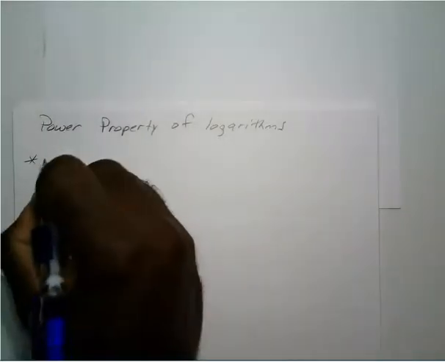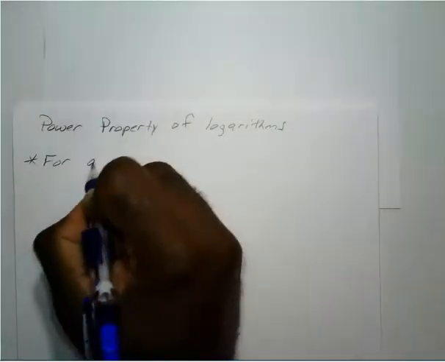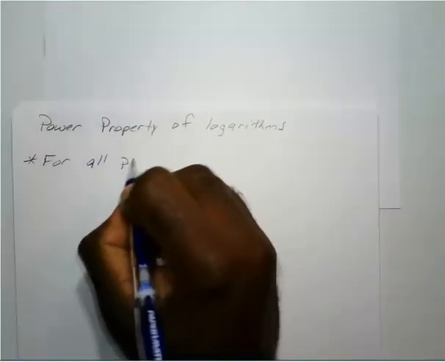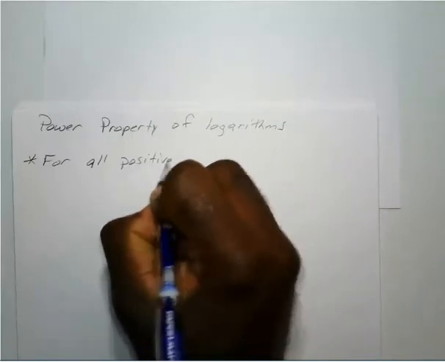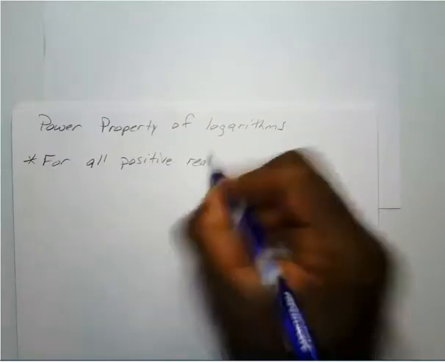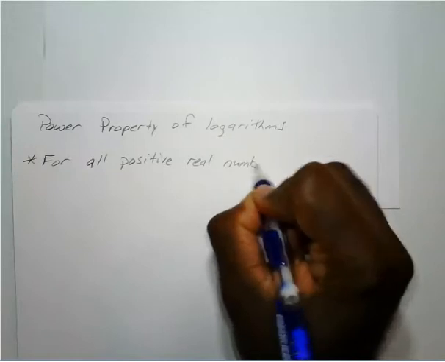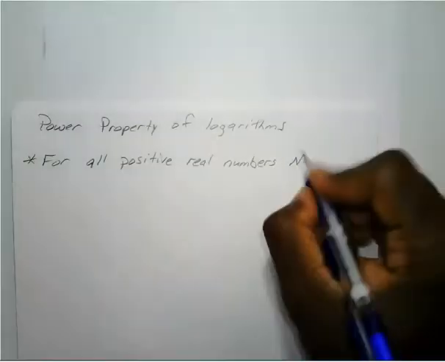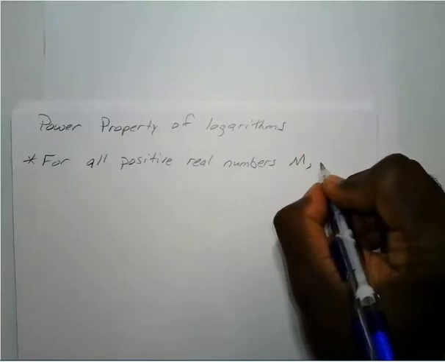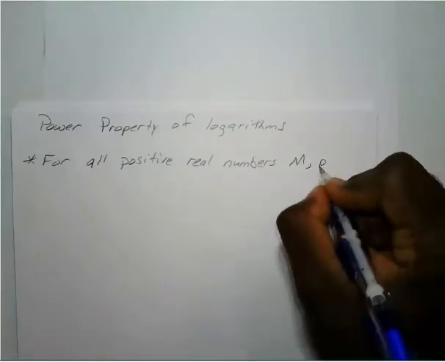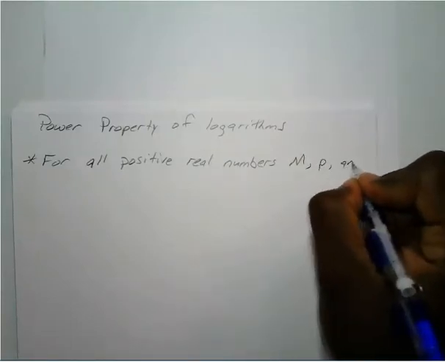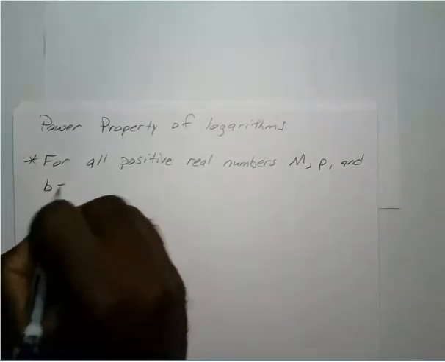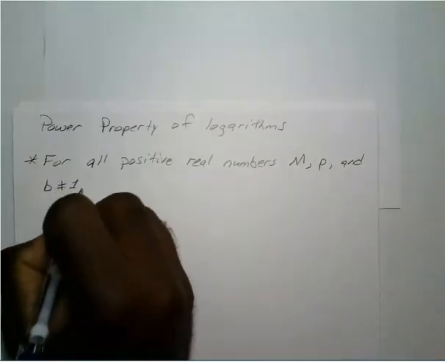Okay, now for this one, we're having for all positive real numbers, and we'll just have m, and instead of n, we'll have a lowercase p, and we know that b, your base, does not equal 1.